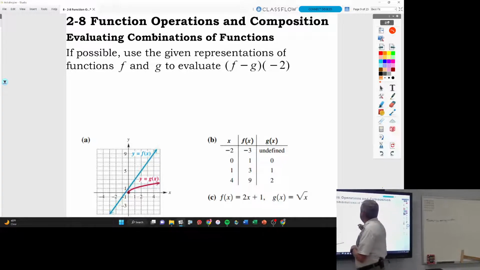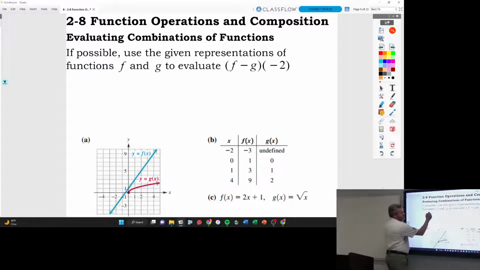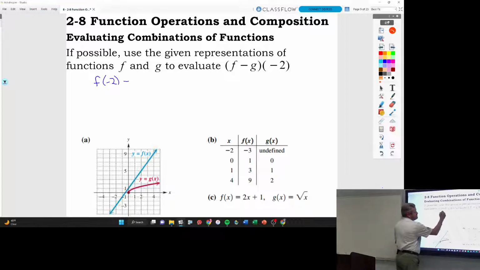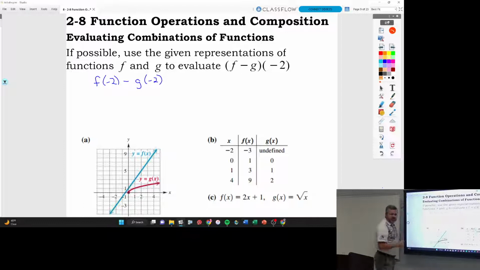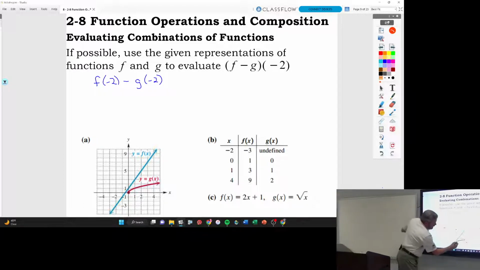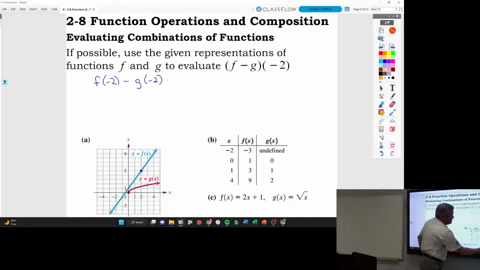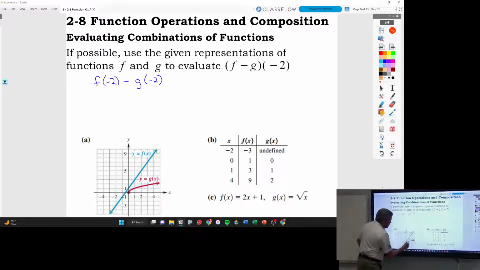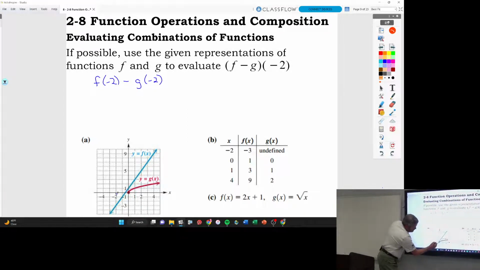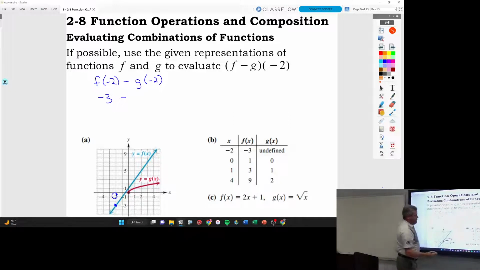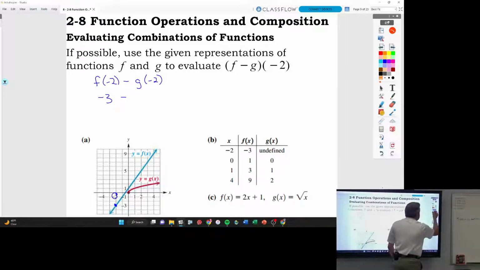And so f minus g of -2, again, that's going to mean take f of -2 and subtract g of -2. So if we look at the graph, f evaluated at -2, here's -2, so down here we're at -3, minus g evaluated at -2.